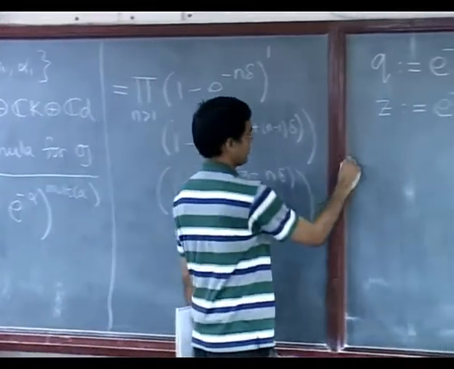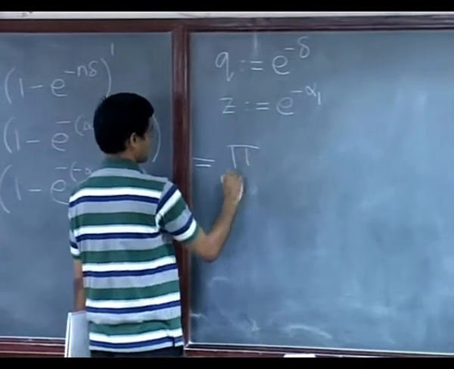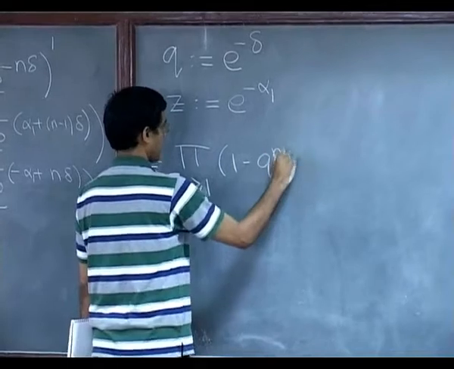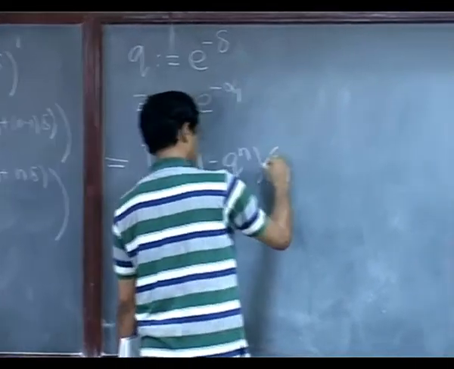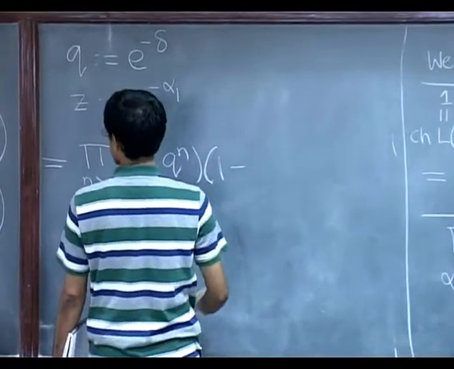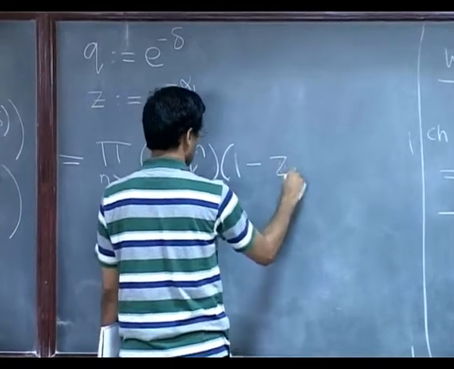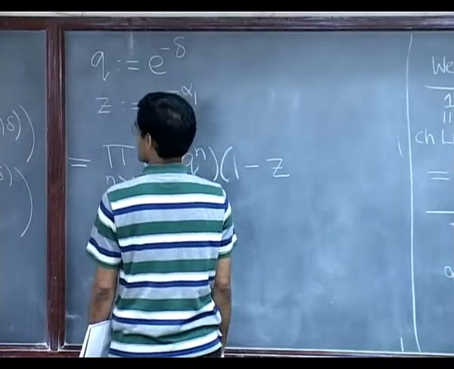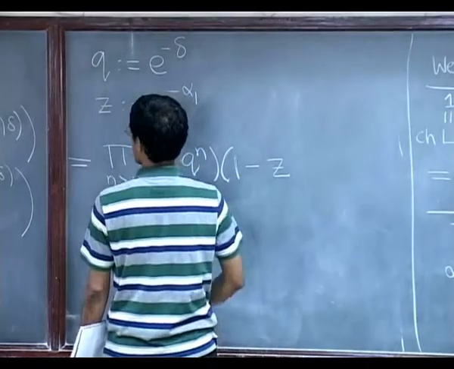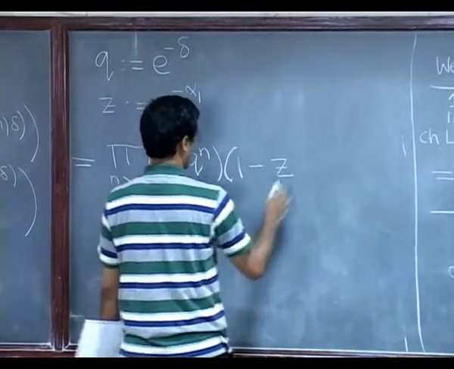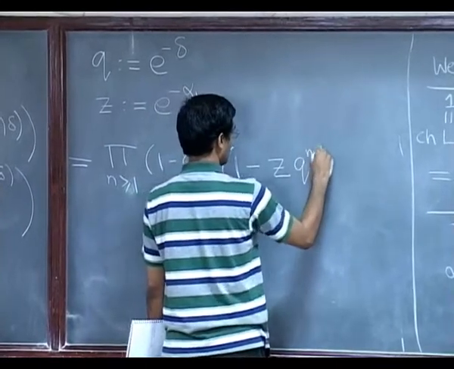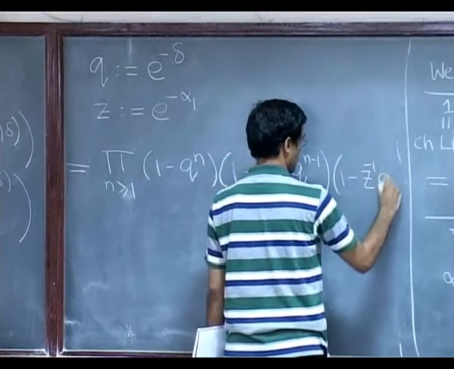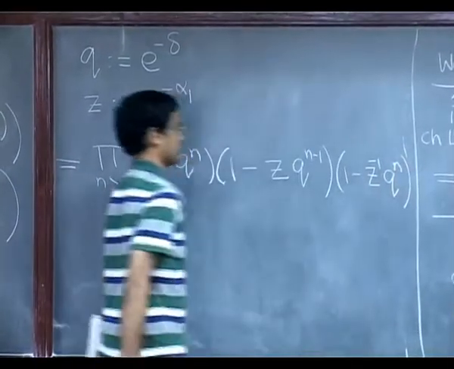Therefore, this becomes the product of 1 minus q to the n, 1 minus z q to the n minus 1, 1 minus z inverse q to the n.